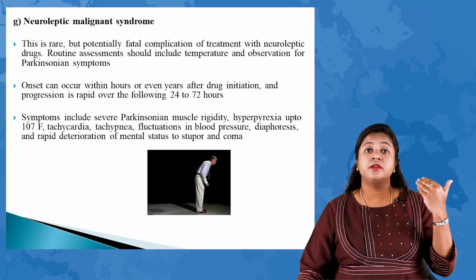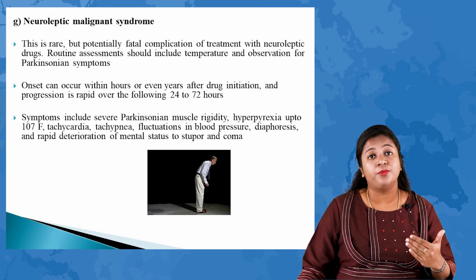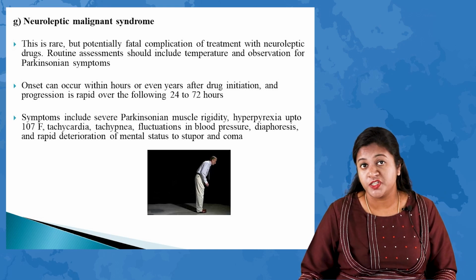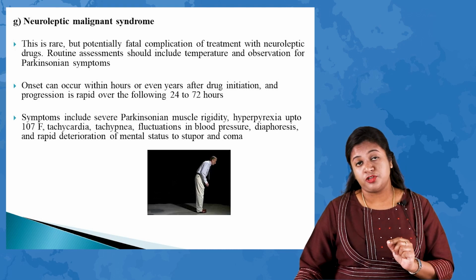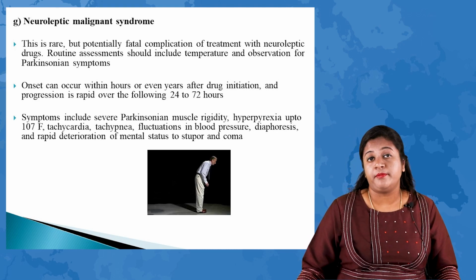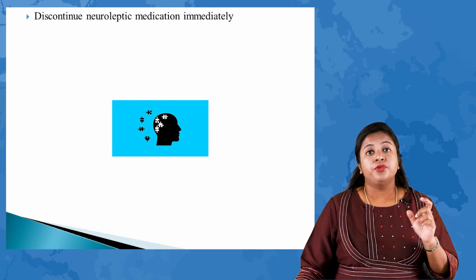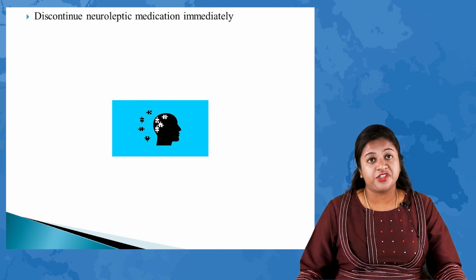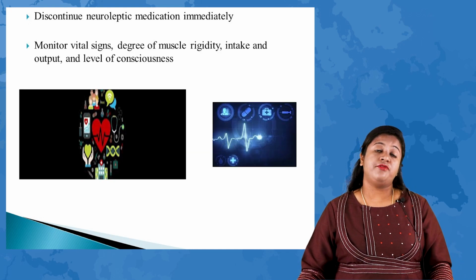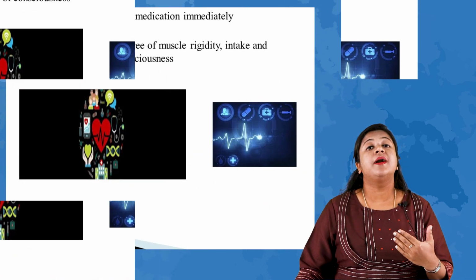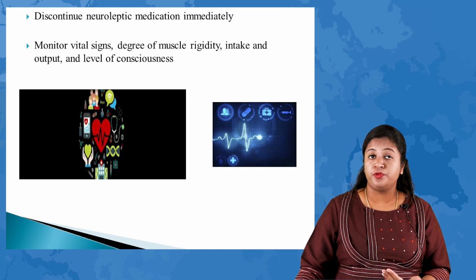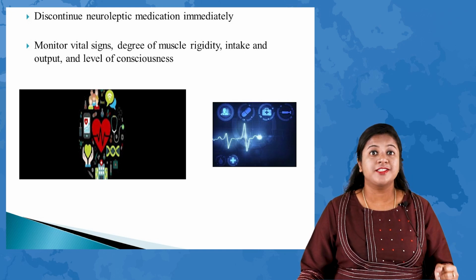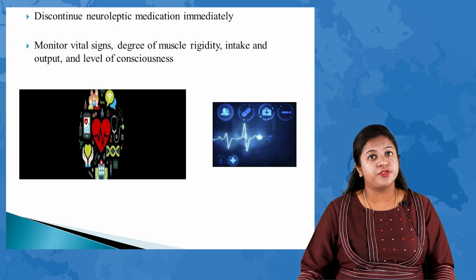So always be vigilant as a nurse to monitor if the patient develops these neuroleptic malignant symptoms, which are very much life threatening. If you notice these symptoms, immediately discontinue the antipsychotic drug. Also monitor the vital signs, muscle rigidity, intake output, and assess the level of consciousness of the patient.